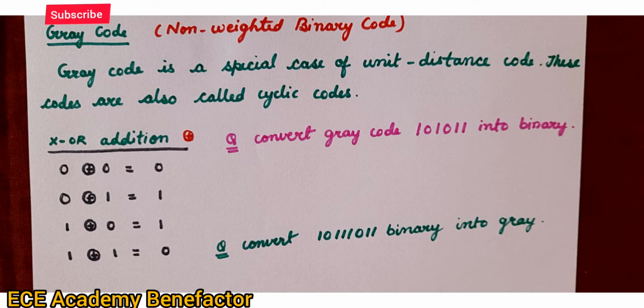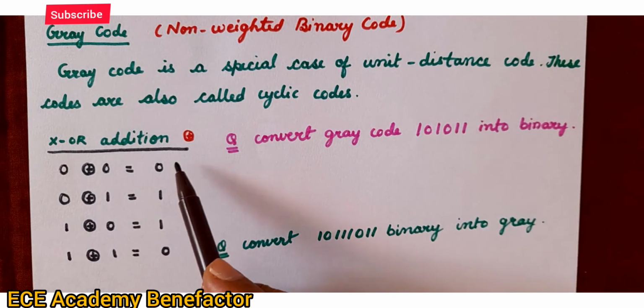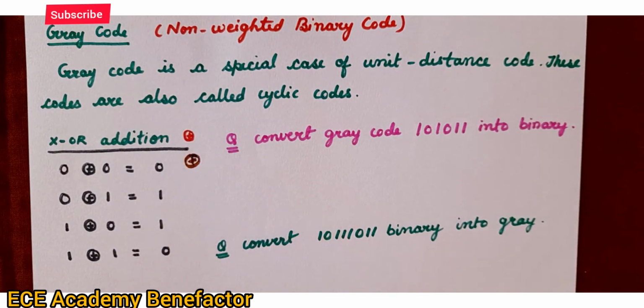Gray code is a special case of unit distance code. These codes are also called cyclic codes. So, when we are doing conversion from binary to Gray or Gray to binary, we need XOR addition. XOR symbol is this one. Inside the circle we put a plus sign.